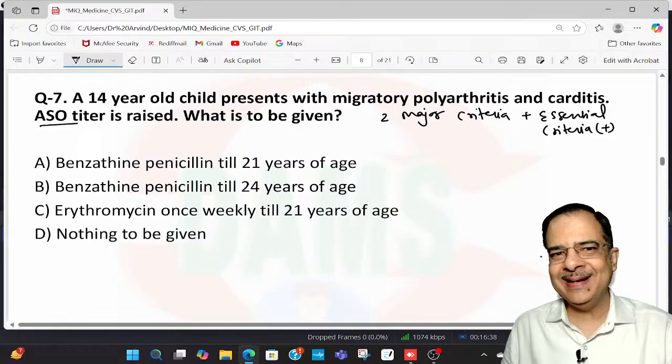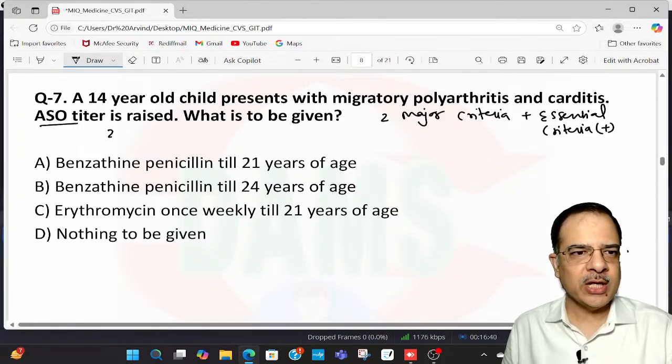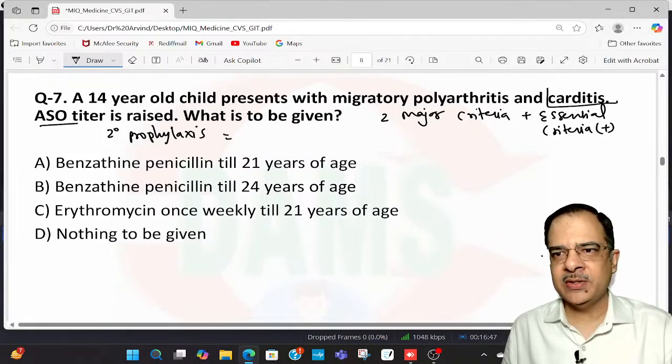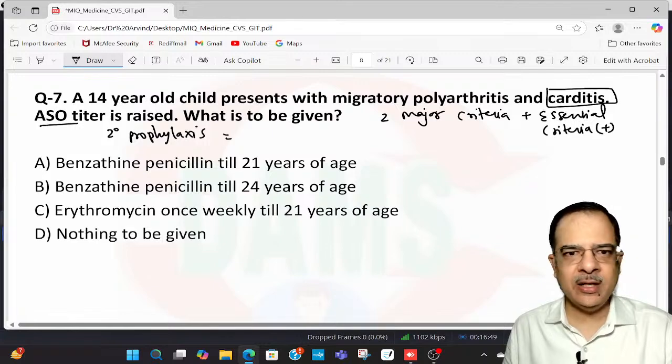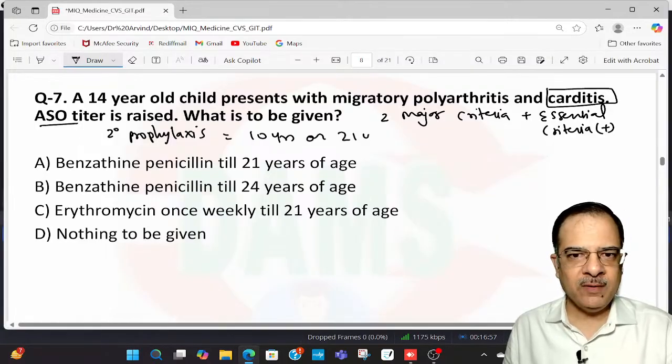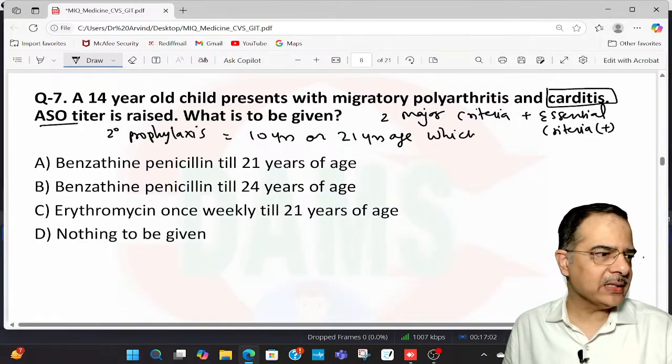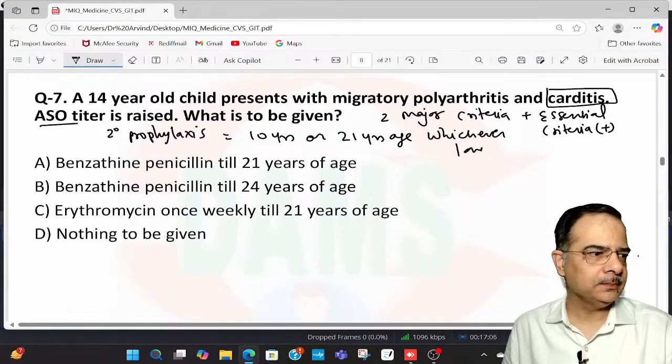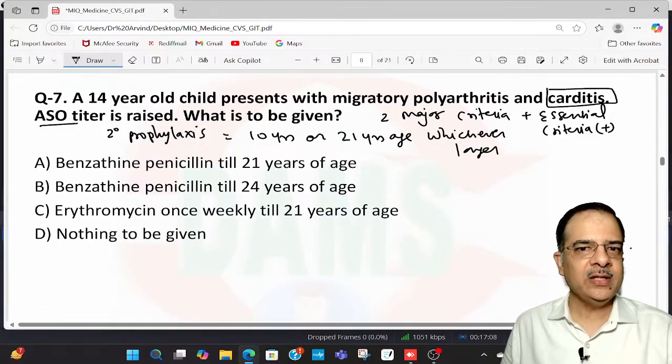So the patient will need secondary prophylaxis. And the patient has carditis. In carditis, the secondary prophylaxis duration will be till 10 years or 21 years of age, whichever is longer.